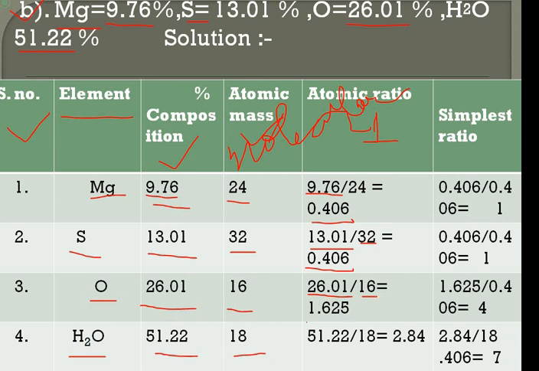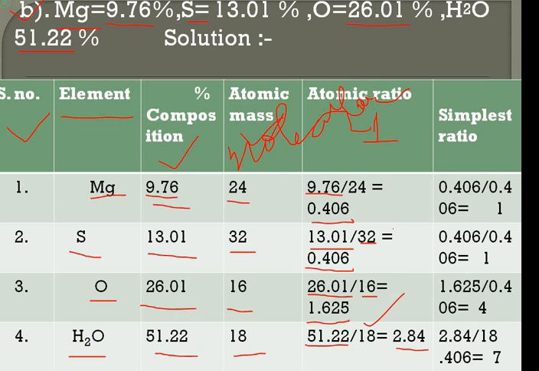So its value will come 1.625, right? Now in the case of the water molecule, its percentage composition is given as 51.22%, and we divide the value by its molecular mass, because it is a molecule, not an atom. The value will come 2.84.